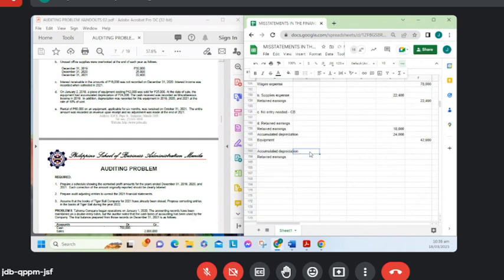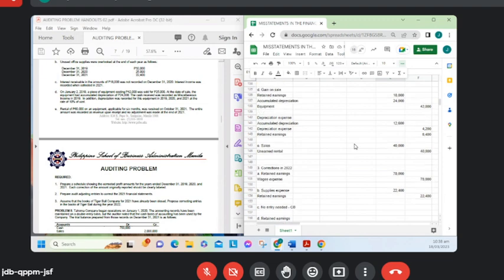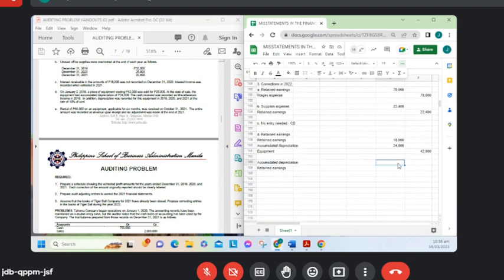And the amount of retained earnings will now be the same as the accumulated depreciation of 12,600.